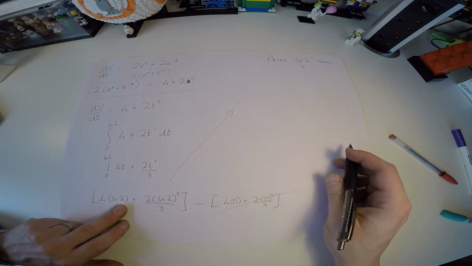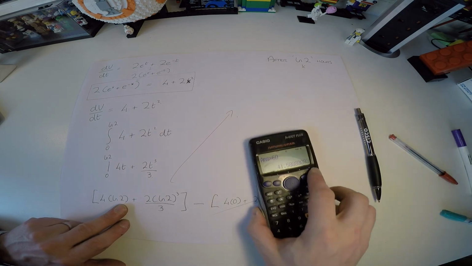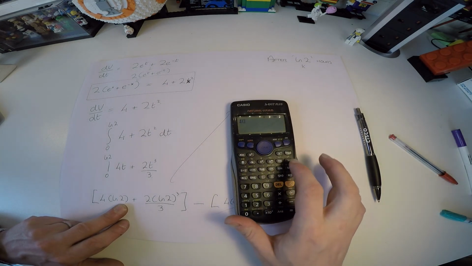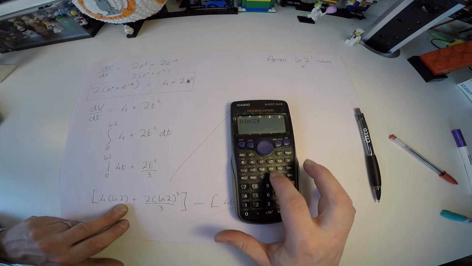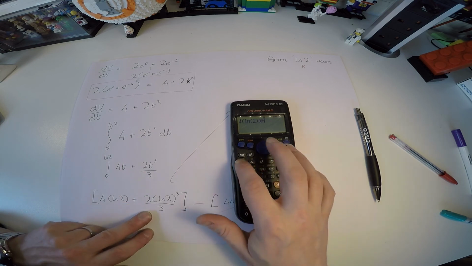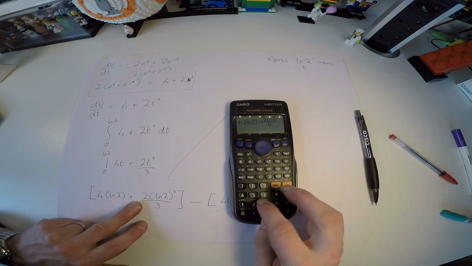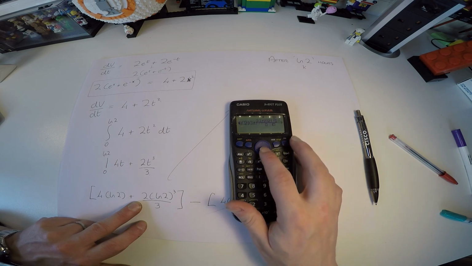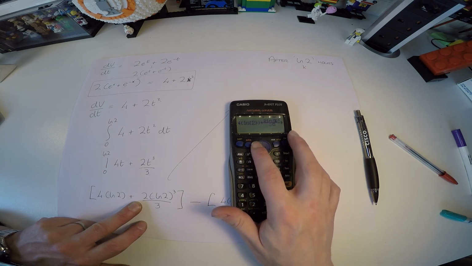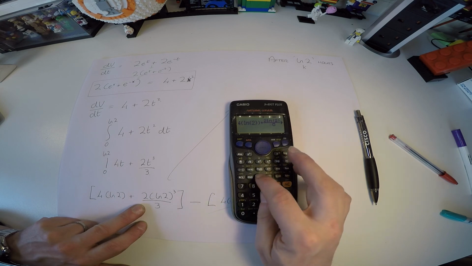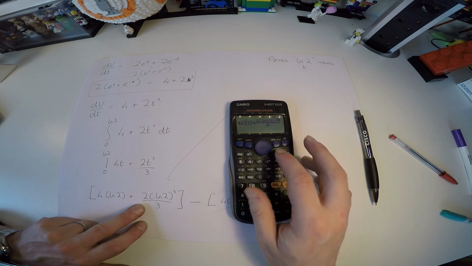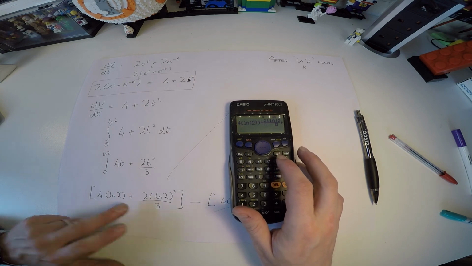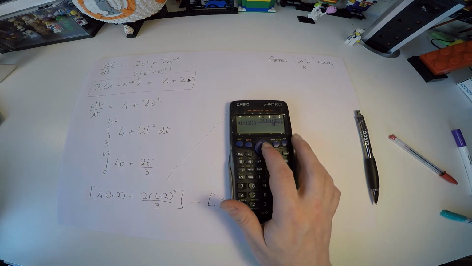So what does that stuff actually come out to be? When you do all that, I'll do it on the calculator here. We get 4 times the natural log of 2 plus 2 times the natural log of 2, but that is now cubed. I'll make sure the cubed is only affecting the natural log of 2, put an extra bracket there and here, and that's actually over 3.